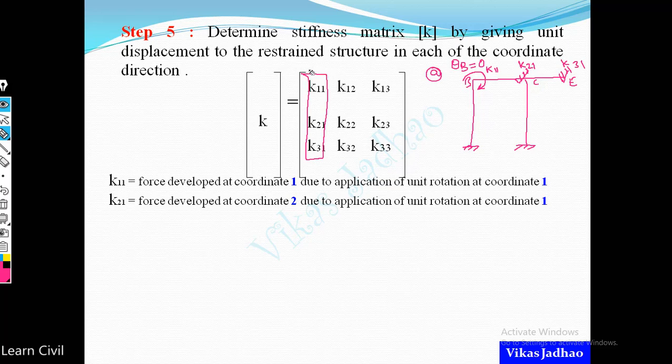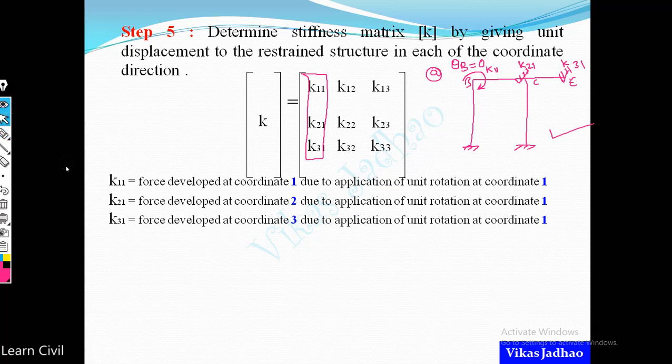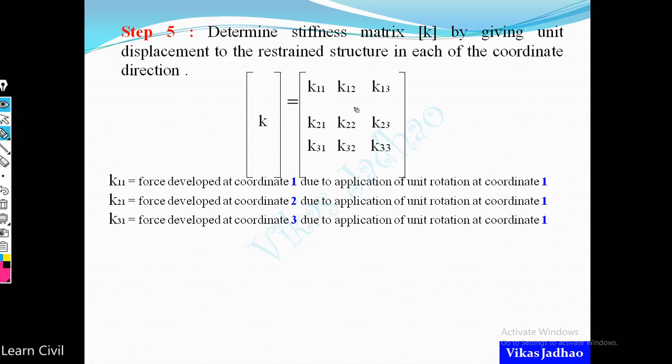So we can find out these three coefficients by using this theta B equal to 1. K31 is the force developed at coordinate number 3 due to application of unit rotation at coordinate number 1.